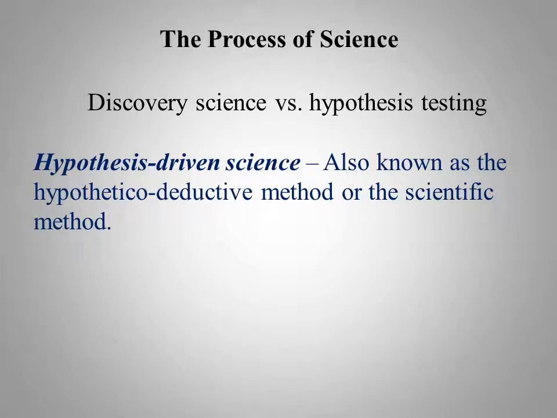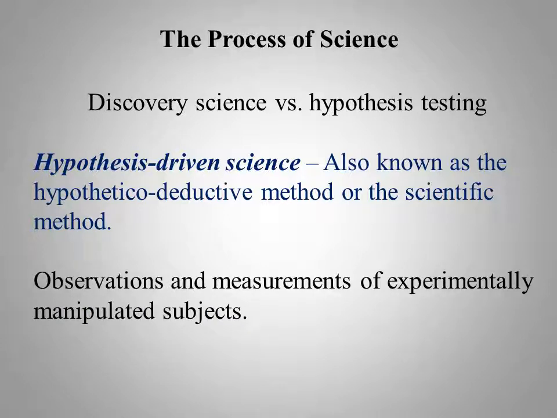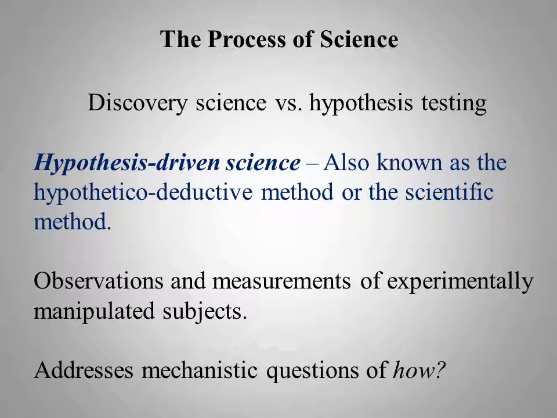Hypothesis-driven science is also known as the hypothetico-deductive method or the scientific method. With hypothesis-driven science, we make observations and measurements, and then we set up experiments where we systematically manipulate the subject to answer a specific question. Ultimately, answering the question of how or why is the basis of hypothesis-driven science.